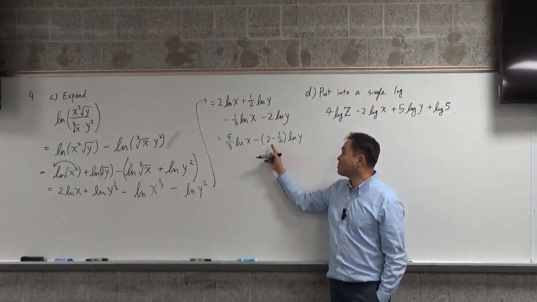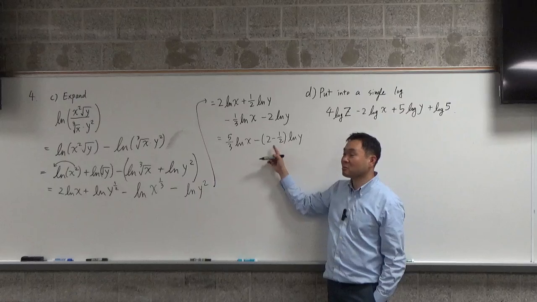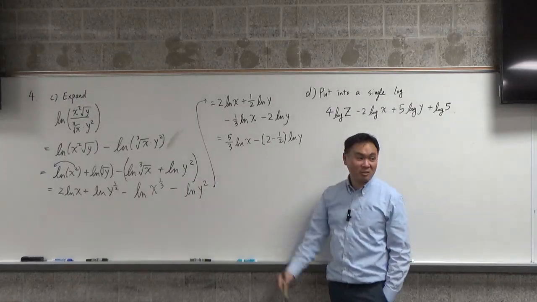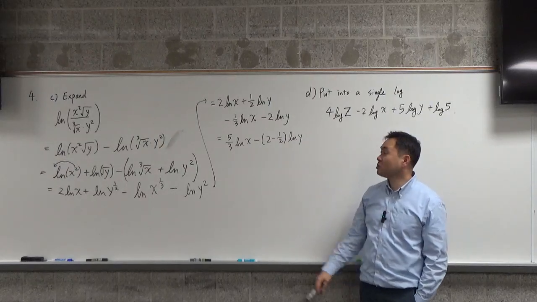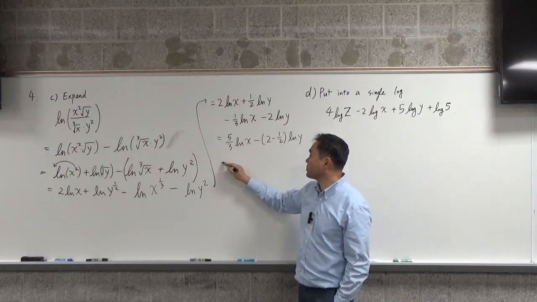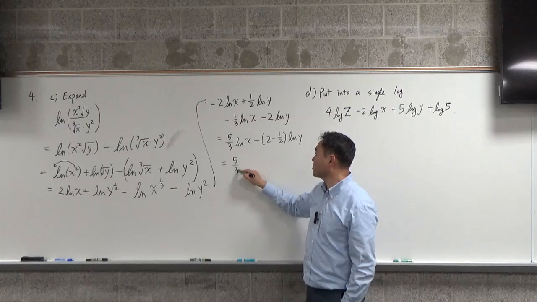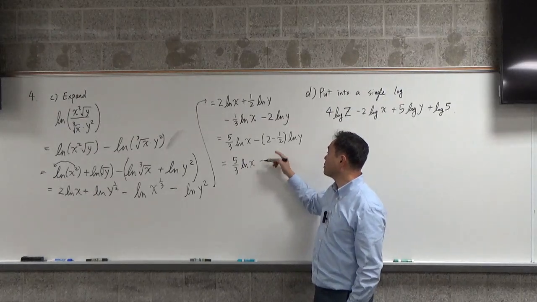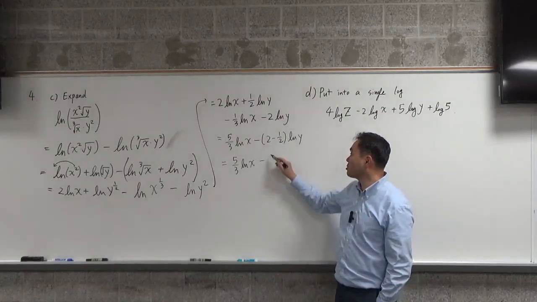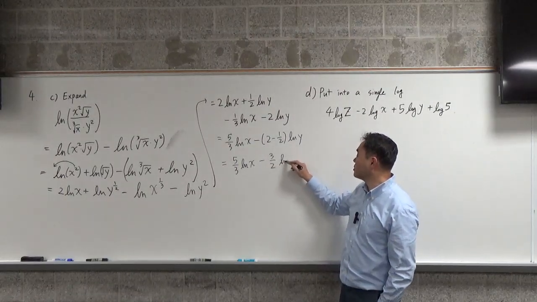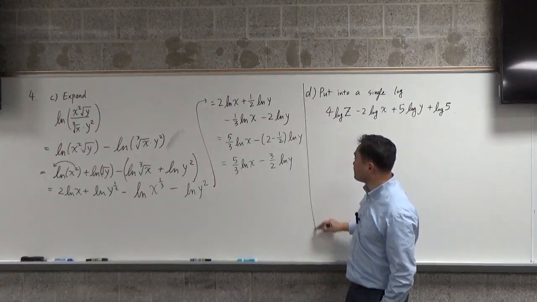Put a minus outside so that this will become bigger minus smaller. That's a nice trick to use. 2 is 4/2. So what is that? 4/2 minus 1/2 is 3/2. That's what you get.